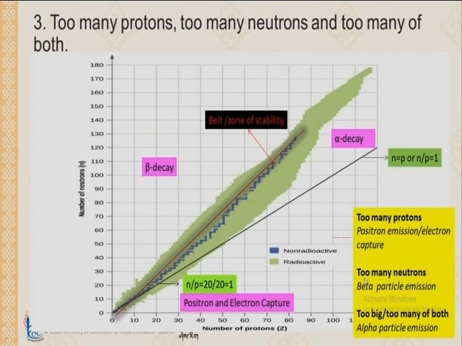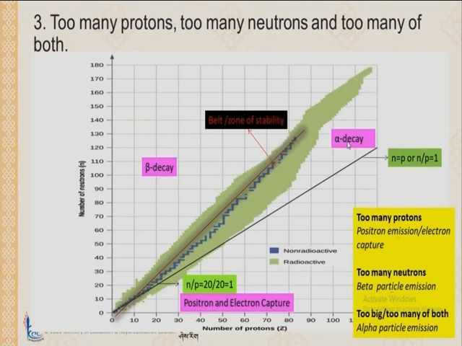Second, if there are too many neutrons, it is applicable to elements present above this stability zone. So when these elements have more neutrons, they will emit beta particle. Next, when they have too many of both, then alpha decay will take place. That means alpha particle will be emitted.